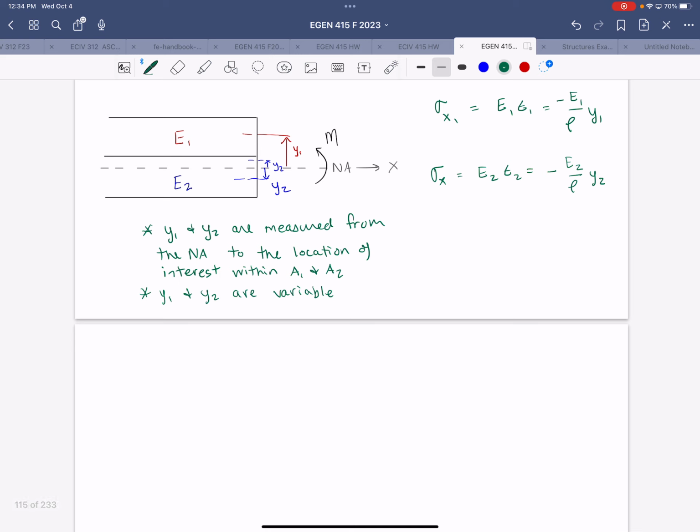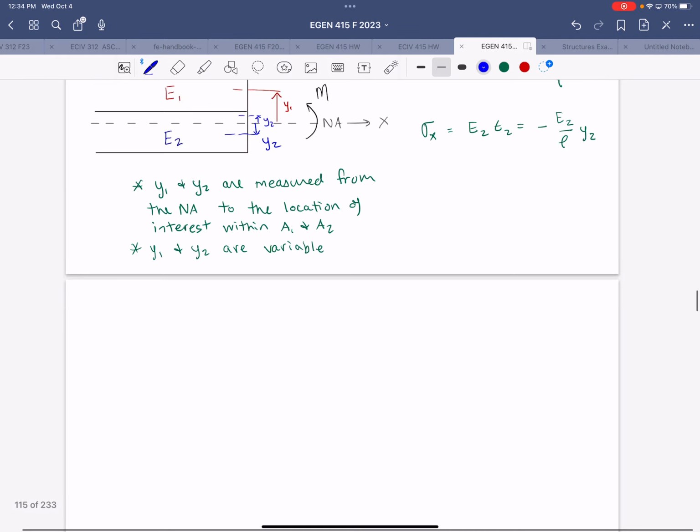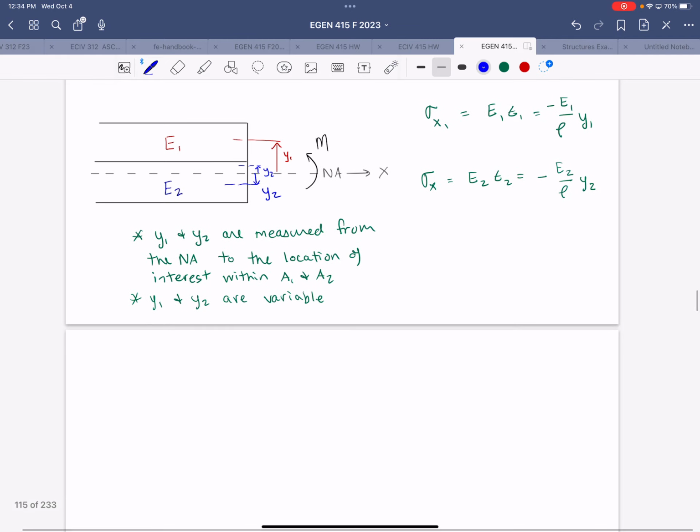So we still need to derive the rest of the relationship, which would relate those stresses directly to the moments, or the applied moment M, right? So we want to define the corresponding moment in terms of what we've already established.